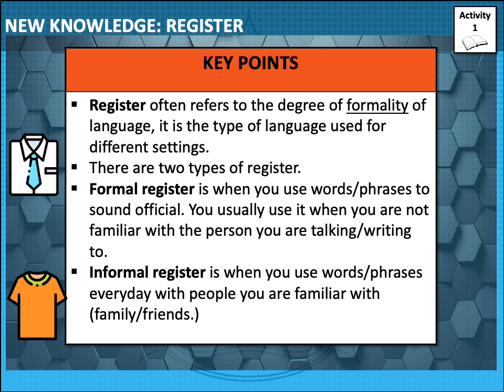Informal register is when you use words and phrases every day with people you are familiar with, perhaps family and friends. And again, if you look to the image on your left, you will see a t-shirt, which relates to the idea of being more casual and in writing, more conversational in the words that you choose.